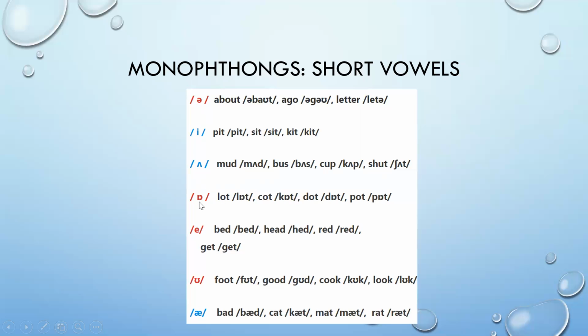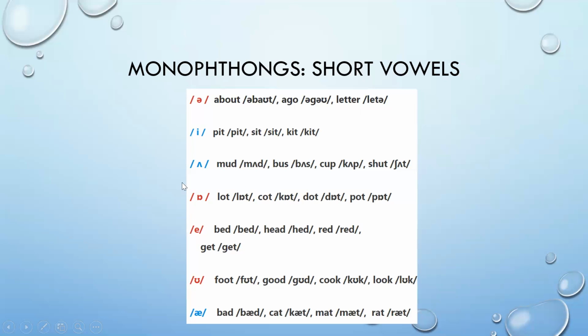The next sound is o as in lot, as in cot, as in dot, as in pot, shot, blot, etc. So the fourth sound is o.